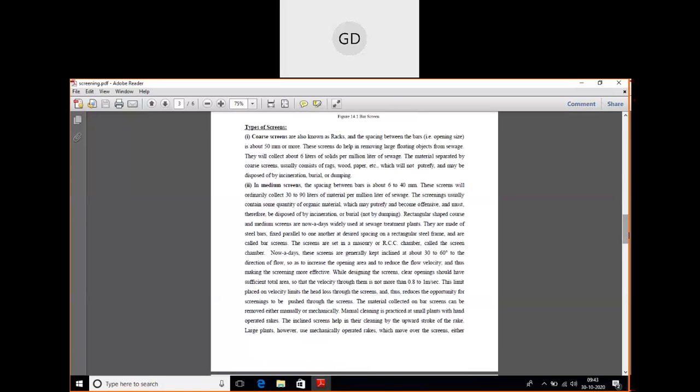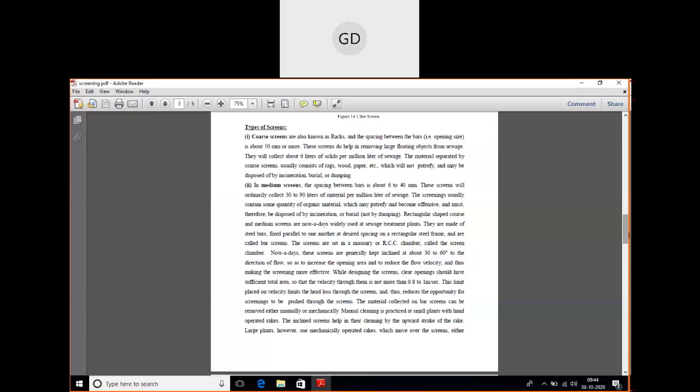These screens help in removing large floating objects from sewage, and they collect about 6 liters of solids per million liters of sewage. The materials separated by coarse screens are wood, paper, and other floating materials.